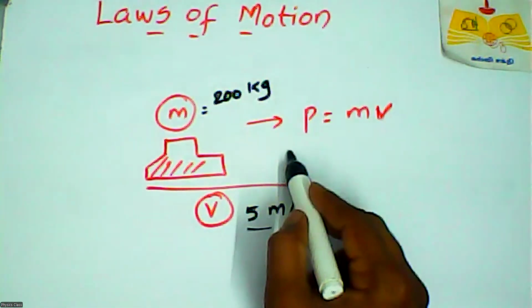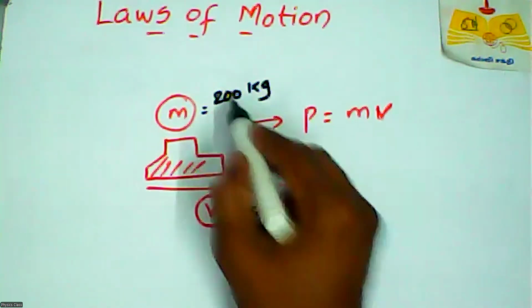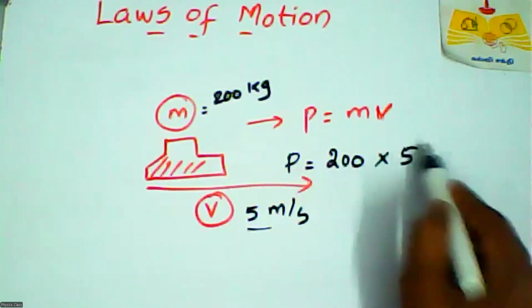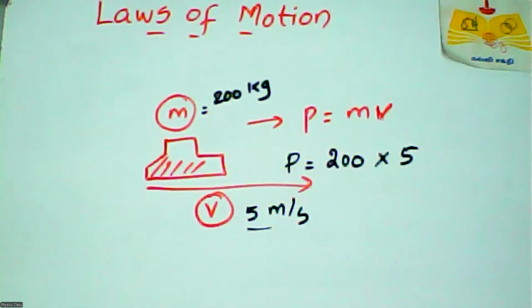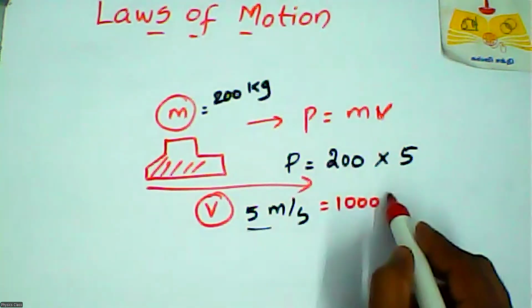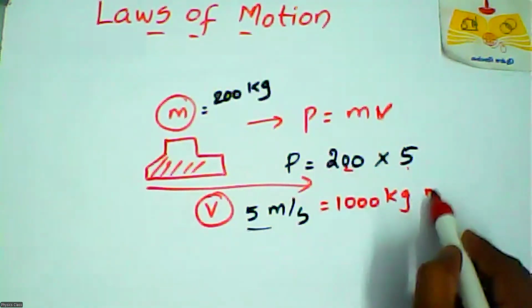What is the momentum of this vehicle? P equals M, 200, times V, 5. You can multiply 200 with 5, that means 1000. The unit is kg meter per second.